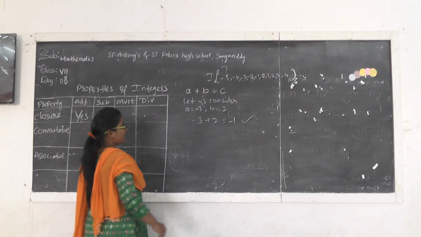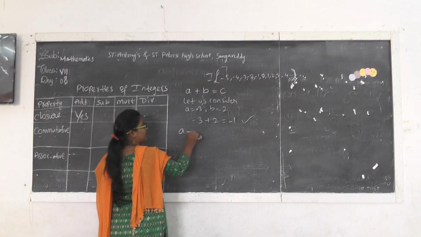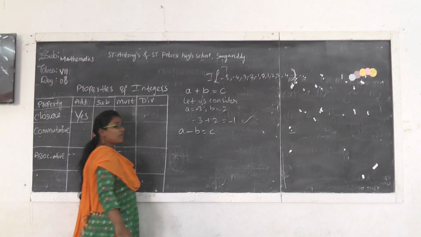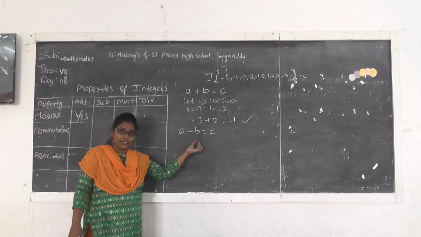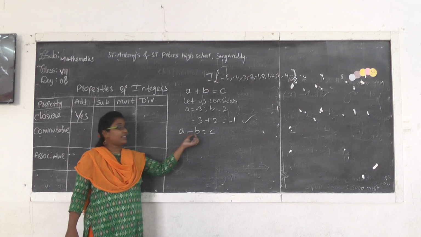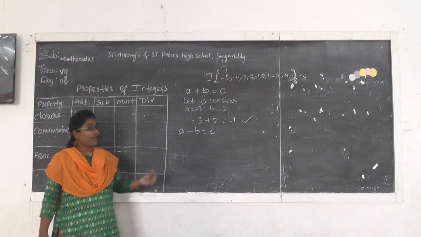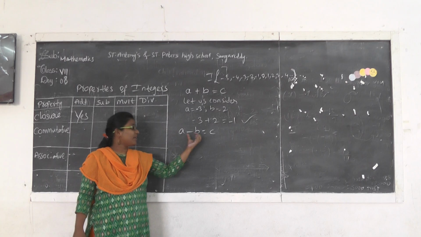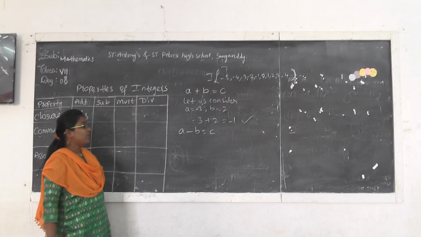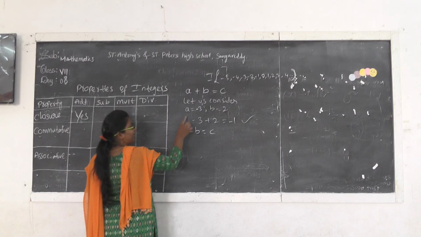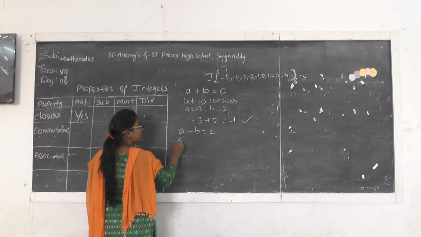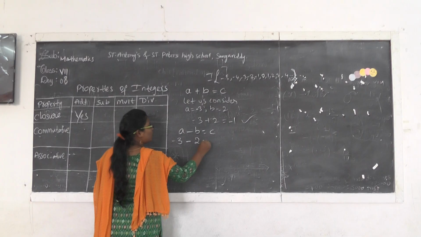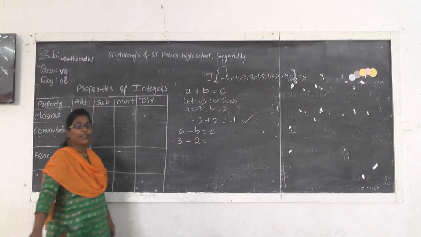Now let us check for subtraction. Same, but here we have to subtract. When A and B are integers, the difference of these should also be an integer. Understand? Now let us assume here also A equal to minus 3 and B equal to 2. Substitute in this: minus 3 minus 2. Both are negative numbers, right?